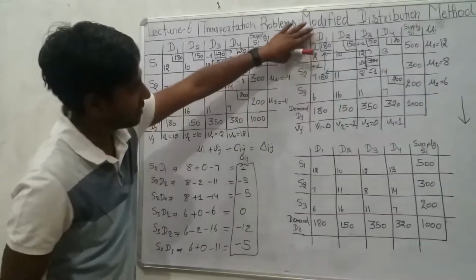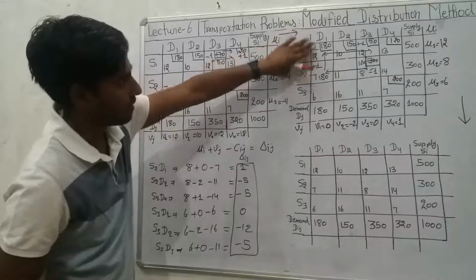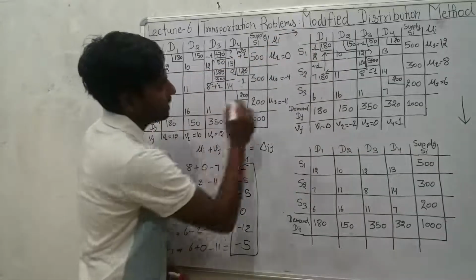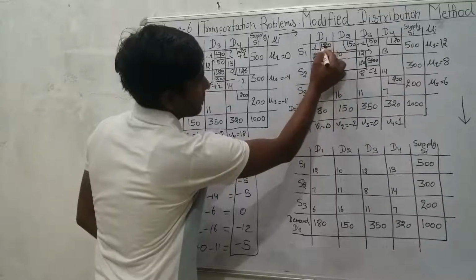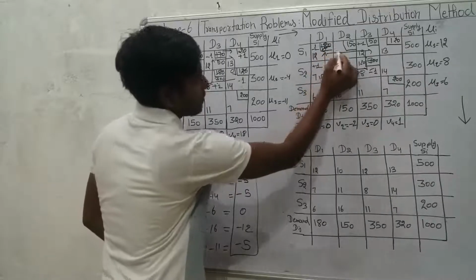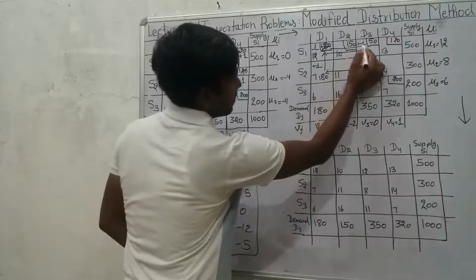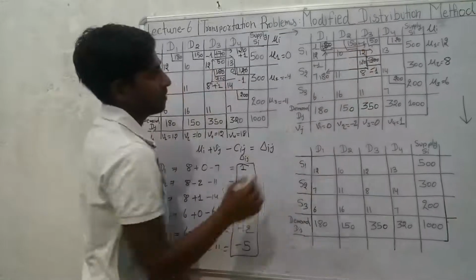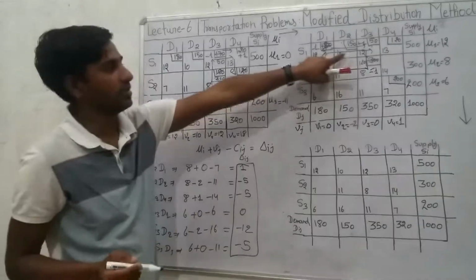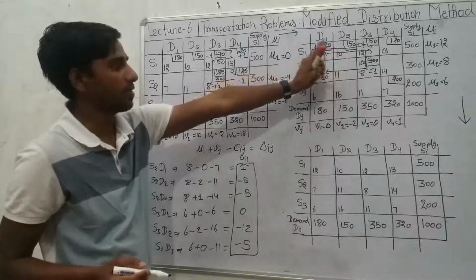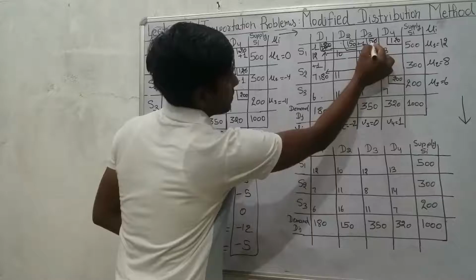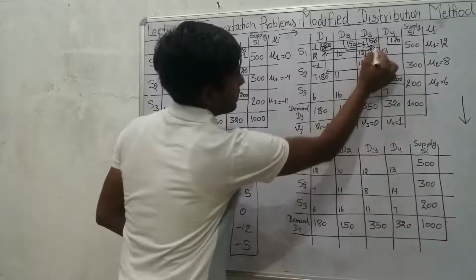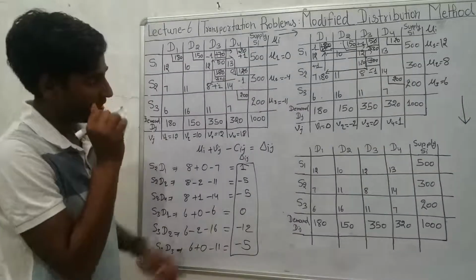Now to balance the requirement of this column, we take away these 180 units from here and add them to this one, not this one, because we skipped this cell while formulating the closed loop. So we are adding 180 units to this cell, and the total units here would be 330. So this is the improved solution.